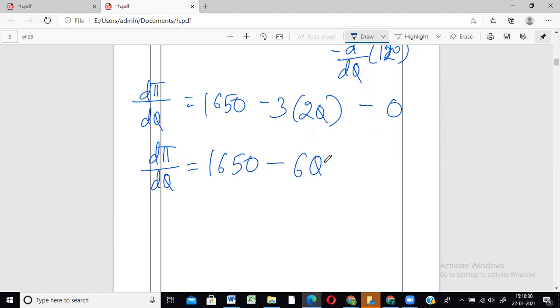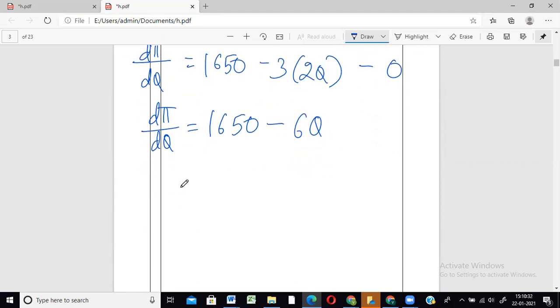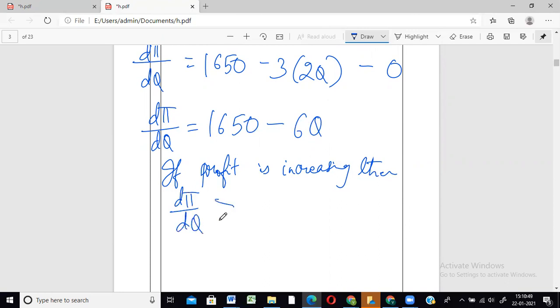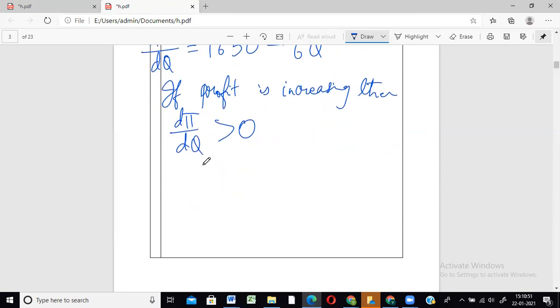Now after this, what did they tell you? I just told you all that we want the profit to be increasing, so the derivative should be greater than 0, correct? If profit is increasing, then d pi by dq is greater than 0. Hence, you have 1650 minus 6q is greater than 0.